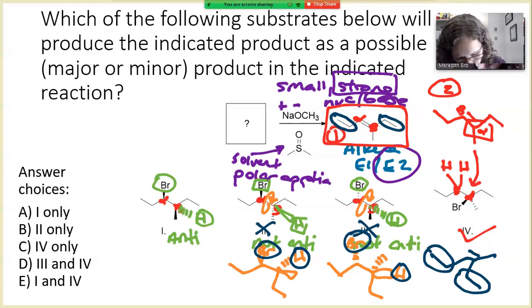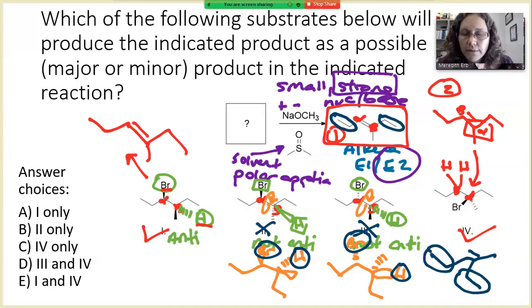If we take a look at molecule 1, here we can definitely make the right product because the bromine and the hydrogen are already anti to each other. So the alkene that this would make doesn't require bond rotation, and we would make that alkene as our product, which is the product for this reaction.